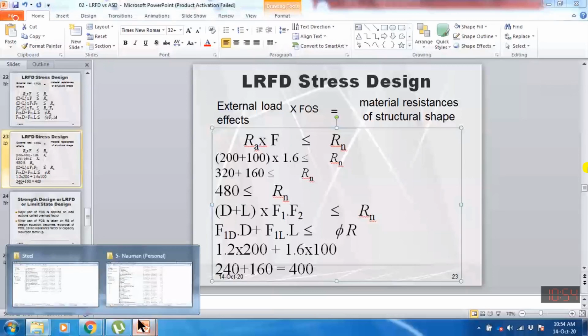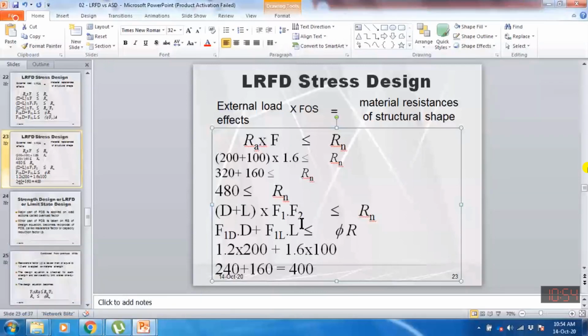If I increase this load by 80, this load may be 480. If I'm increasing this load by 80, this load will be 560. It means that ASD is always over design. Over design means conservative. I'm using the higher load value. It means that that cannot be compared because I'm using different factor of safety with different load.